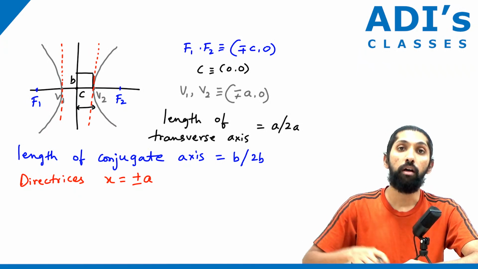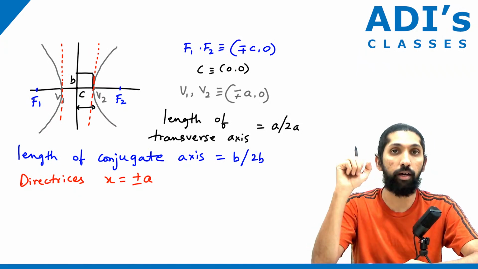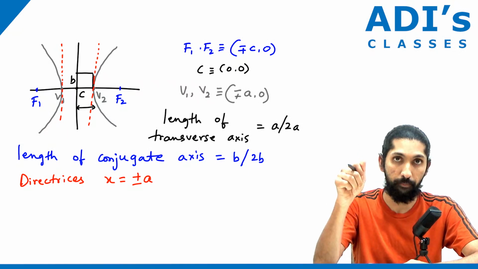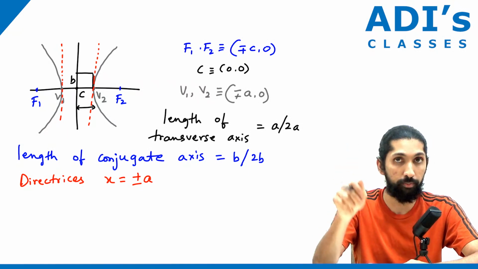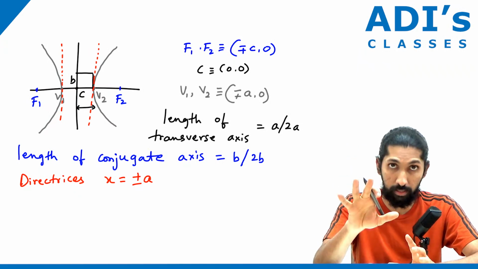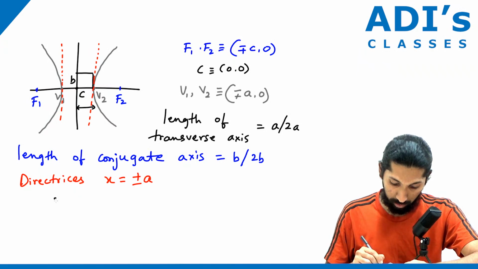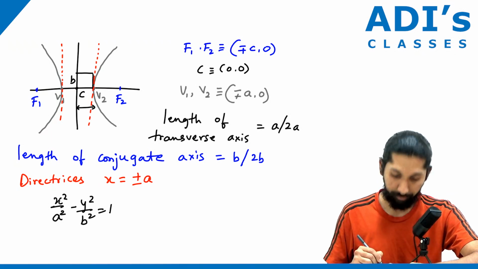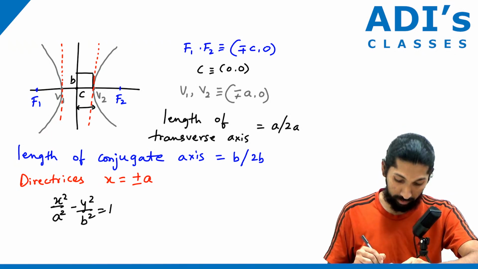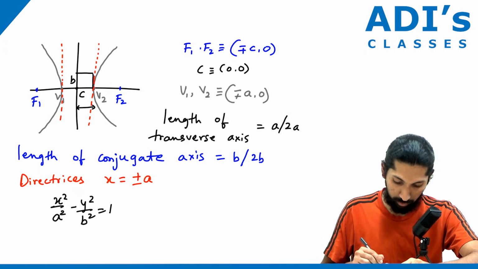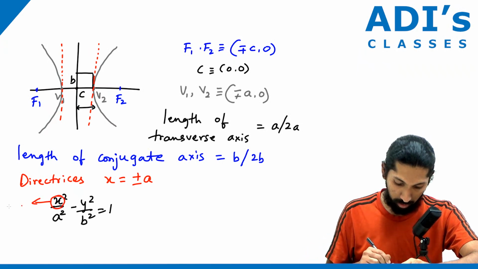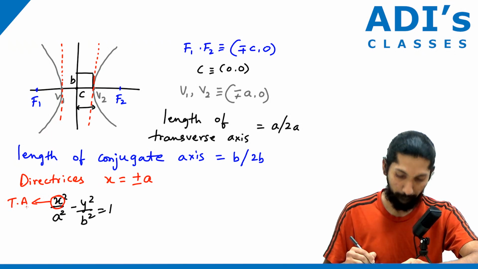And remember, whichever is the positive term, that's going to be the transverse, and whichever is negative, that's going to be the conjugate. Suppose you have the equation x square by a square minus y square by b square is 1, then the x-axis is going to be the transverse axis.